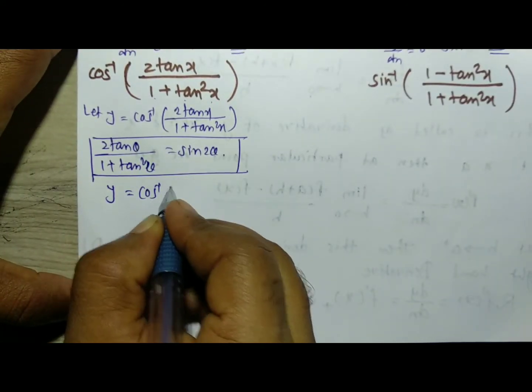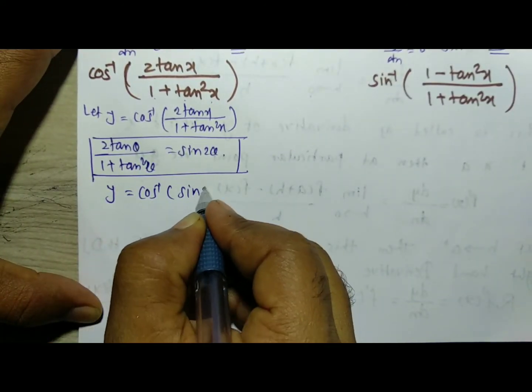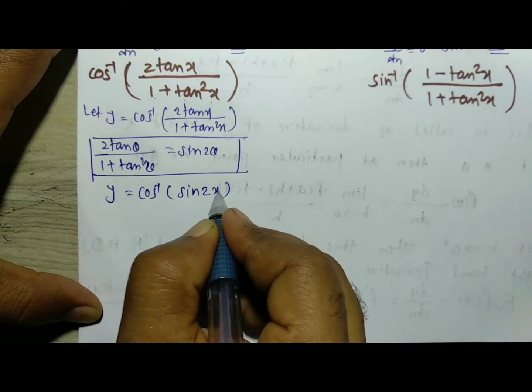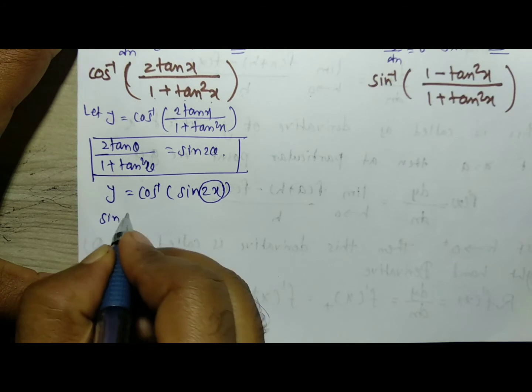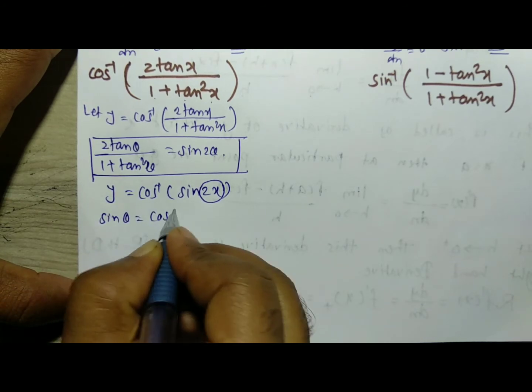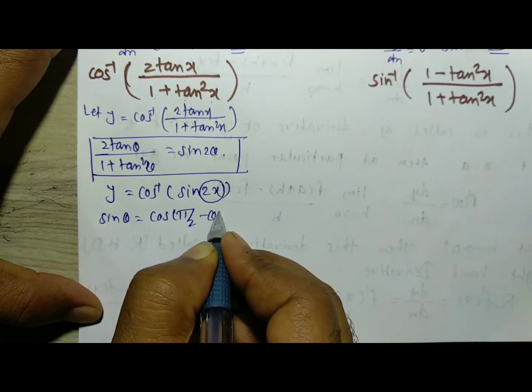cos inverse sine 2x. Once again 2x works as theta, and sine theta is equal to cos(pi/2 minus theta).